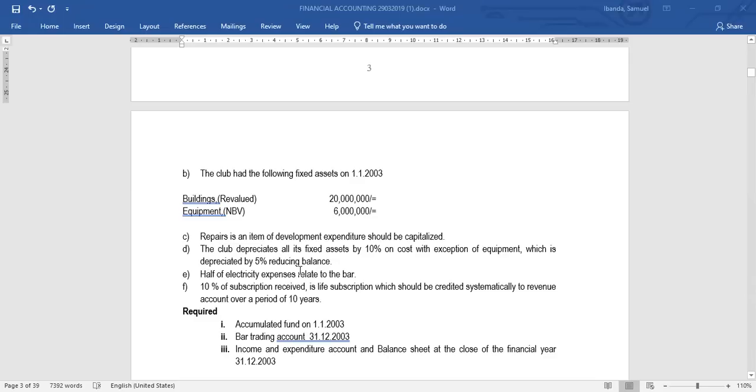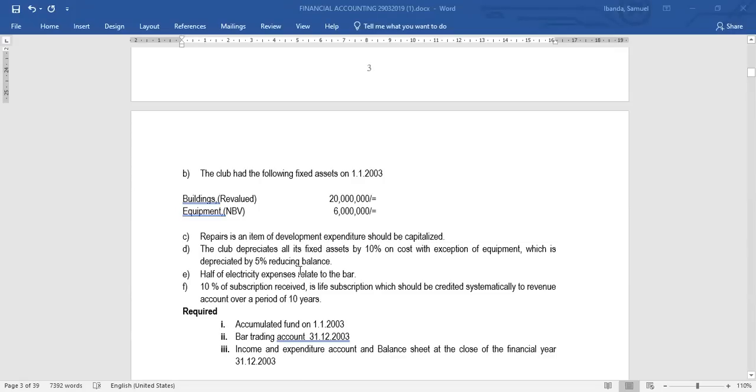So the first requirement, they want us to determine the accumulated fund as of 1st January 2003. They also want us to go ahead to prepare the bar trading account as at 31st December 2003.